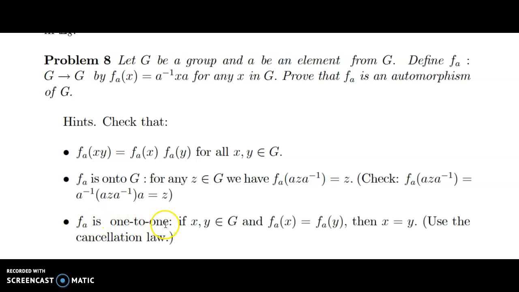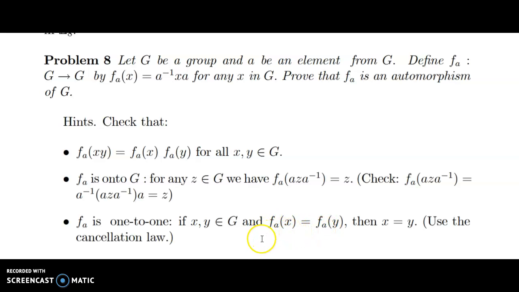Now why Fa is 1 to 1. If you have any x and y in G, and their images are equal under Fa, show that x and y are equal. Write this equality using the definition.